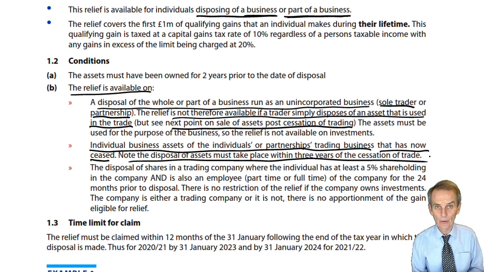If, however, the business has ceased trading and now we're looking around, and hopefully within the 3 years, hopefully within 3 months, but within 3 years of the cessation of the trading of the business, we are able to sell, let's pick the most likely business asset, a property, and we make a capital gain on that. HMRC are not spiteful here.